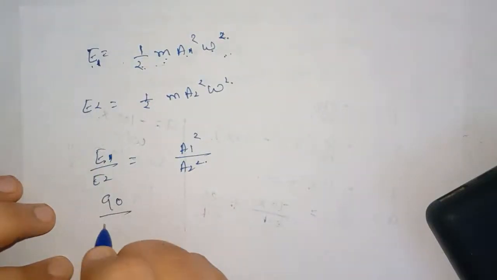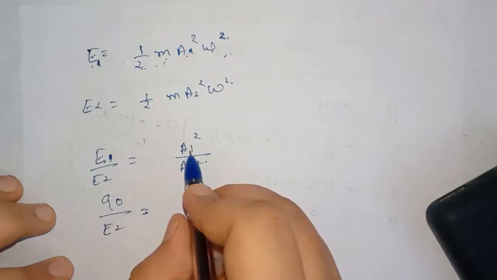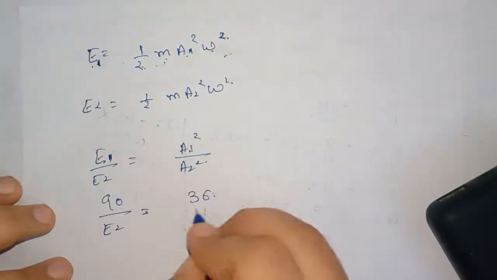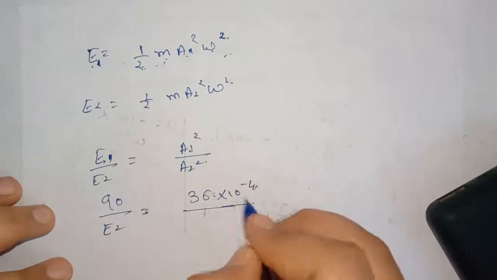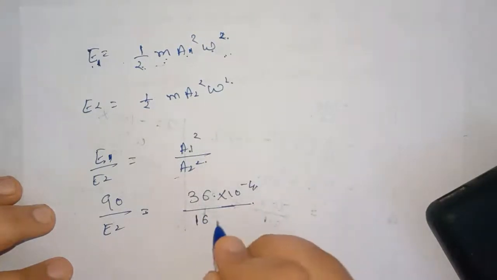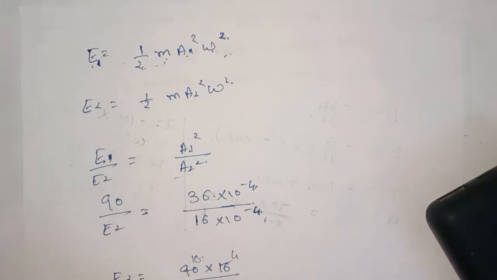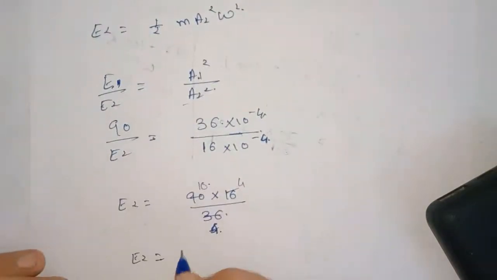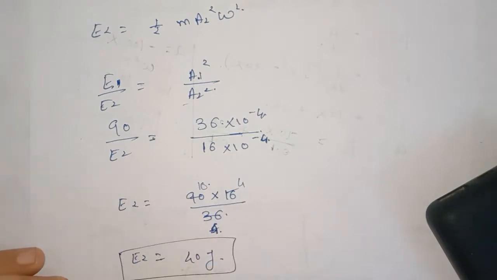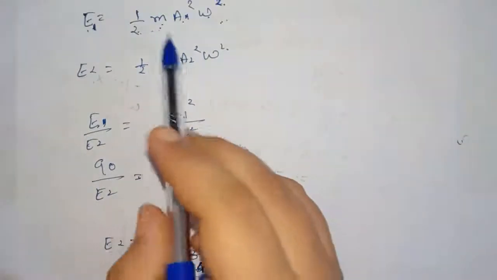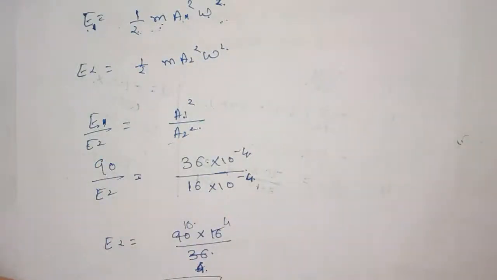E1 is 90 divided by E2 is equal to A1 square, that is 36 into 10 power minus 4, divided by A2 square, that is 16 into 10 power minus 4. So E2 will be 90 into 16 divided by 36. This 9 4s are 36. So E2 will be equal to 40 joule. So instead of finding the m omega square, taking the ratio will be a better option.